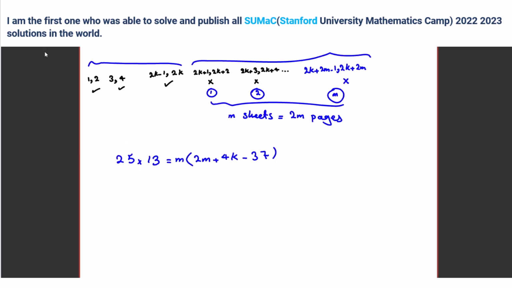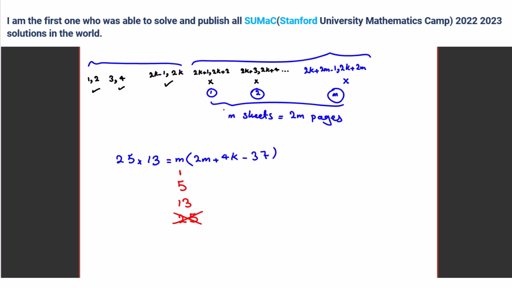Because we have 2m pages, so m can be 1 or 5, right? Or 13 or 25. It cannot be greater than 25, right? But 25 also is not possible because the rest over 0, the average is undefined, right?